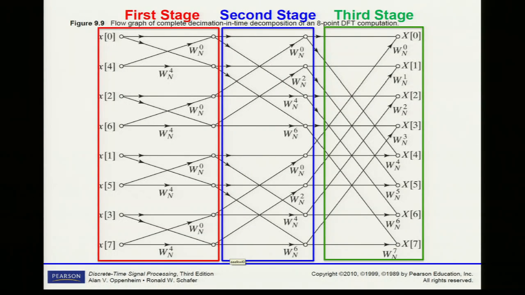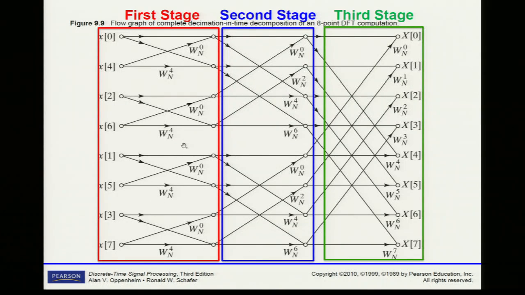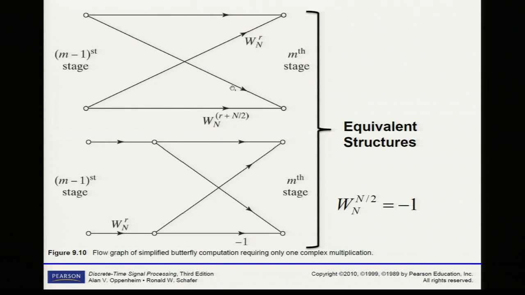Let's see. Now there are some clever things we can do to make this a little bit better. So here's the first one. Many of those butterflies in the last example, let's pull up this one, had a form like WN0, or you can see WN4, WN6, WN2, WN6. You can see that the difference between them is this value n over 2, which for us was 4 in the last chart.